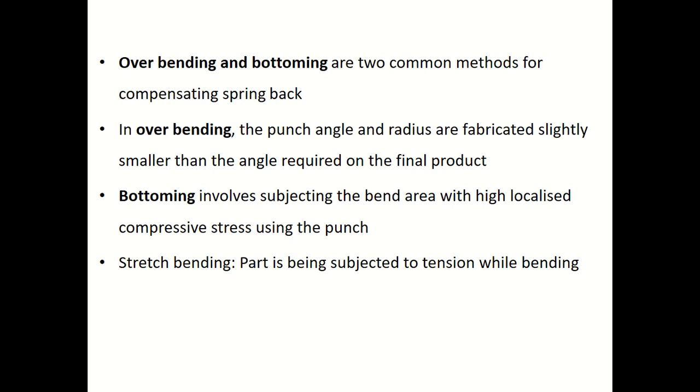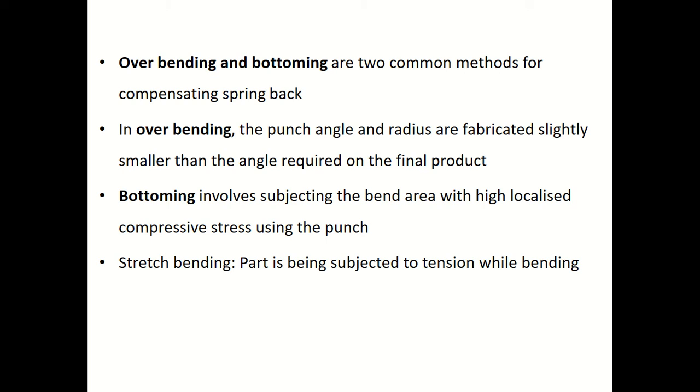So what happens when the metal springs back to the desired value? As a result, upon removal of the bending load, the part springs back to the desired value. Okay, if you have not applied this overbending, what will happen?